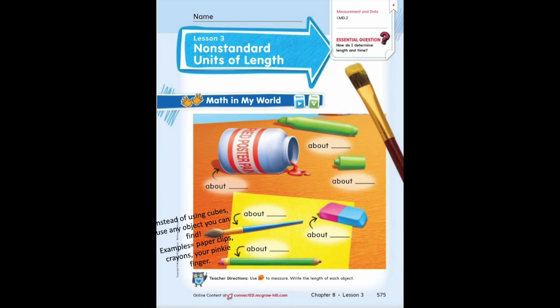For example, on the paper today it says to use the cubes like we have in our classroom to measure the different objects on the paper, but since you don't have cubes at home with you, you could use anything as a non-standard unit. So some examples of things you might use around your house are paper clips, crayons, pinky finger. Maybe if you have toy cars or something at home, you could use those to measure the objects. Whatever you can find will work, first graders.